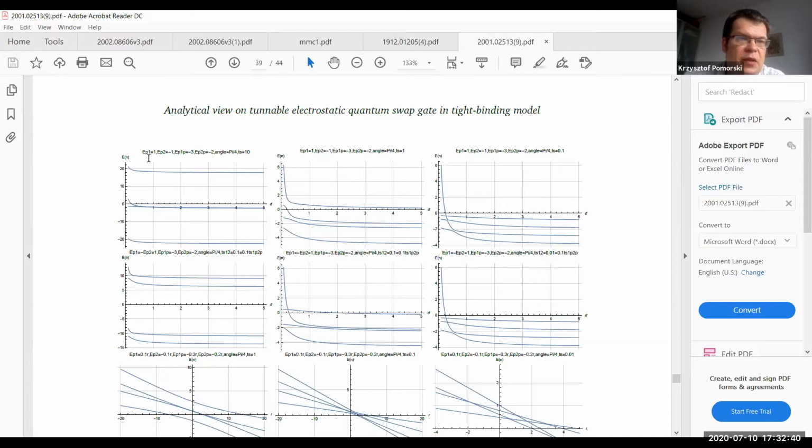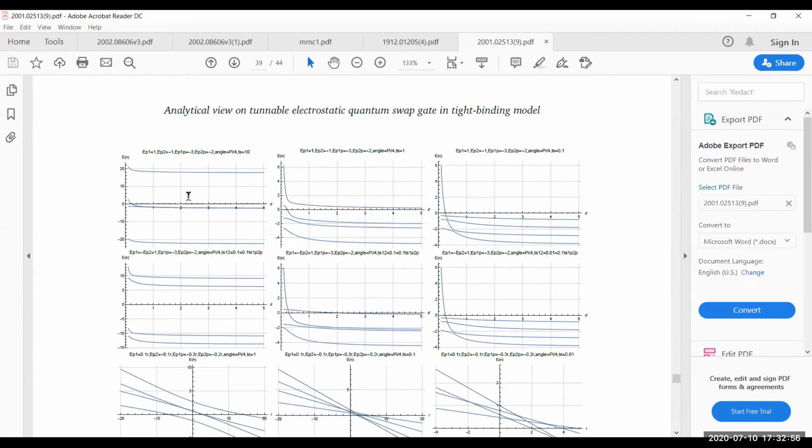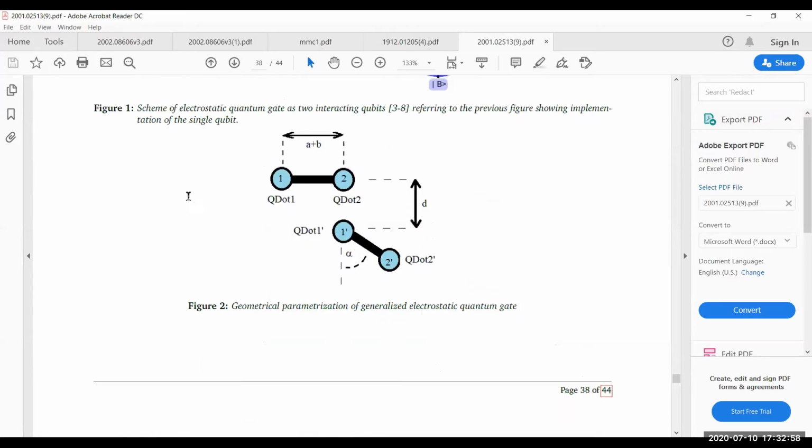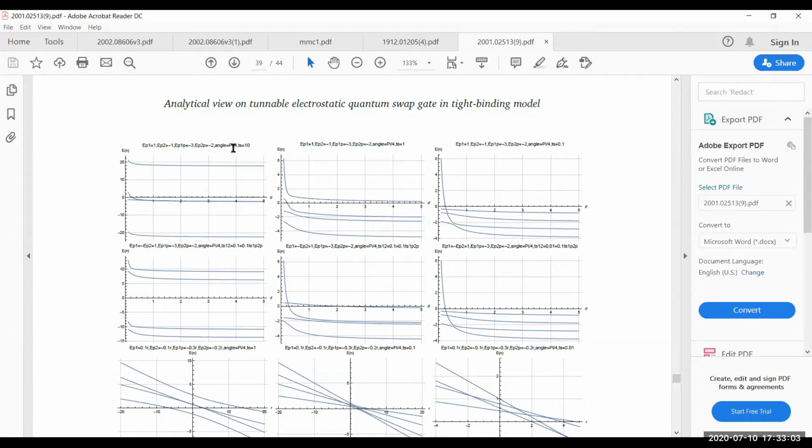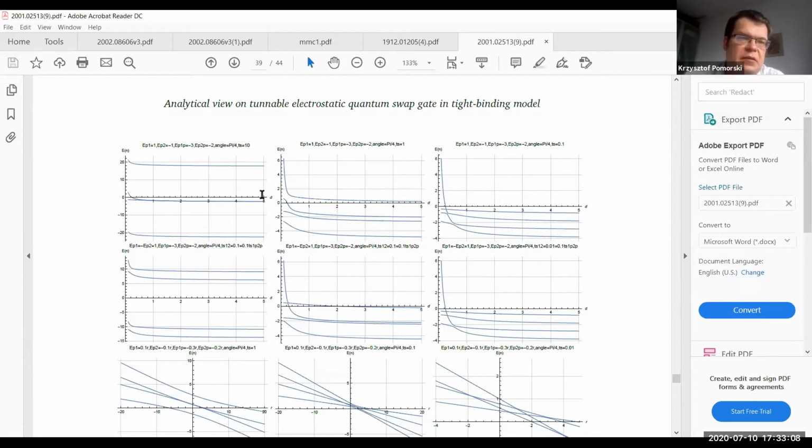Basically, if AP1 is set to AP2 in the first qubit, and AP1 in another qubit is -3 and -2, then the situation is of asymmetric qubits, and the eigenenergies depend on distance, with the angle set to P4.